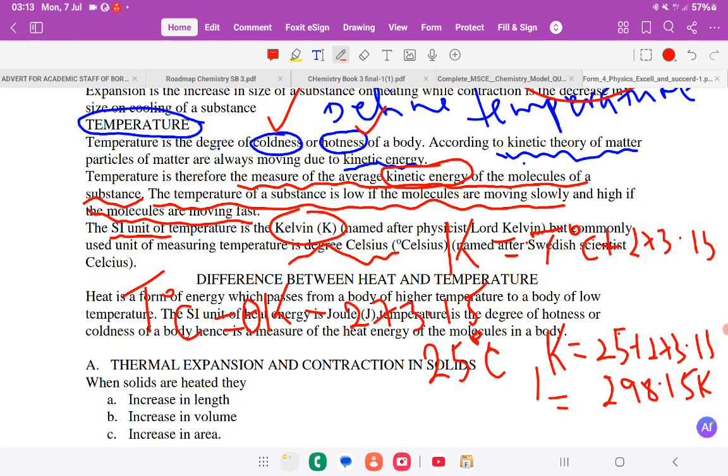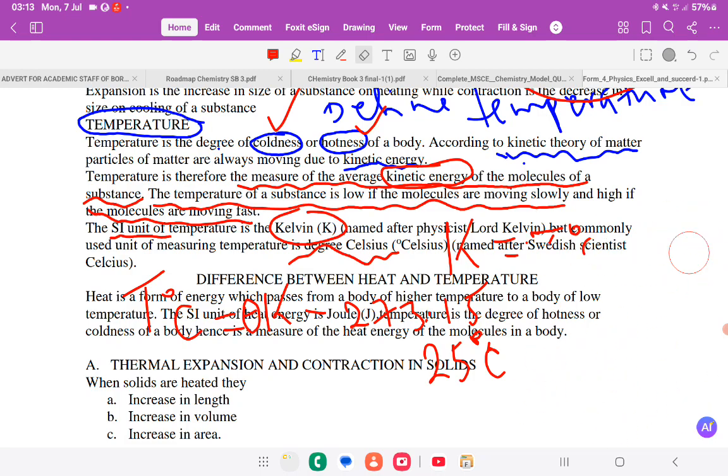In some cases, you may not have to include the decimal part. Just saying 273 is fine. It's accepted. That's very good to note.